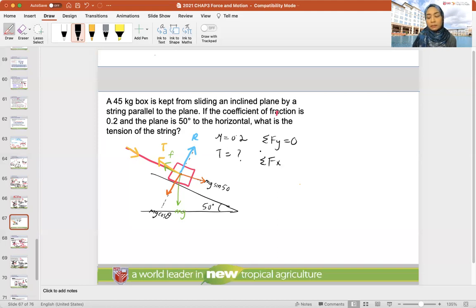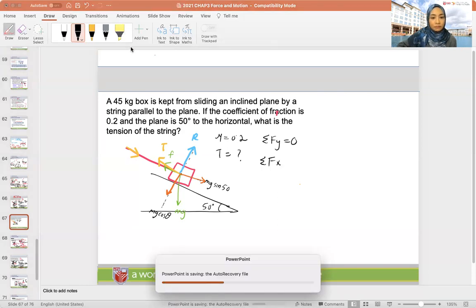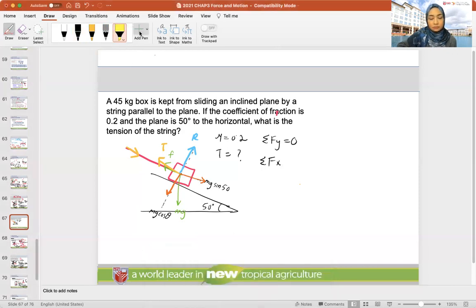Kat mana yang Firna identify dia tak ada acceleration tu dalam soalan? Apa keyword dia? Box sliding. Is kept from sliding, yes. So this is the keyword. Yang cakap, oh, immediately when I read this, I know that A equals to 0.